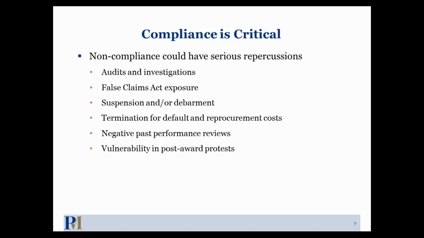Also important to note that even if there is no False Claims Act case that's brought, the government may terminate the contract, and you could be left with responsibility for reprocurement costs.